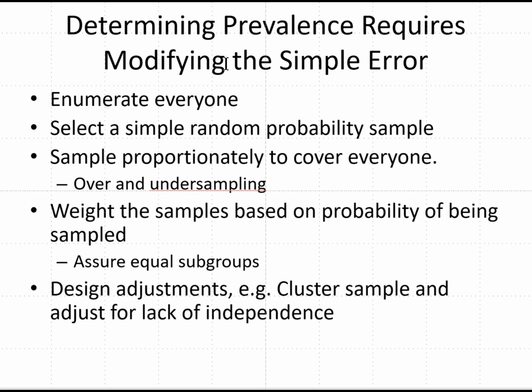Another adjustment is, for example, cluster sampling. So, for example, when you want to do a survey of schools, you balance your survey demographically, and then you go in, and again, the school doesn't answer the question. You're interested usually in either the students or the teachers. And so then you pick a school, and if it's teachers, you survey all of them. If it's students, you might want to sample the students as well.